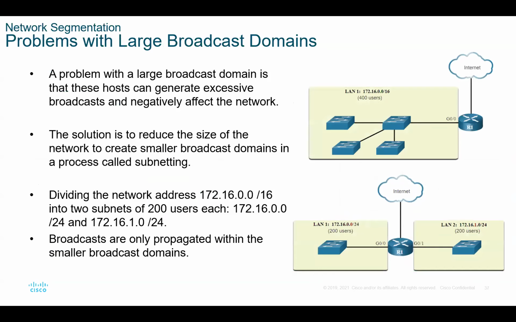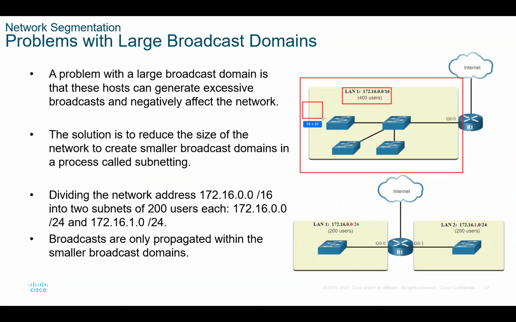So you see, look at this case. This LAN here has how many users? 400 users. So if we have Otieno here using a PC connected to this switch, and he sends out a broadcast packet, that packet will be flooded to all these 400 users.